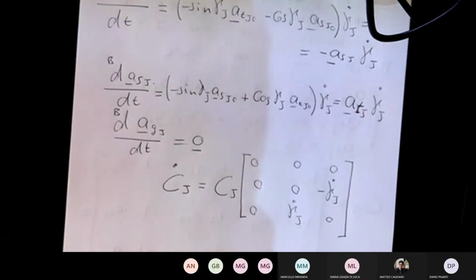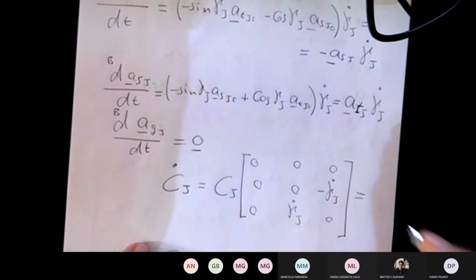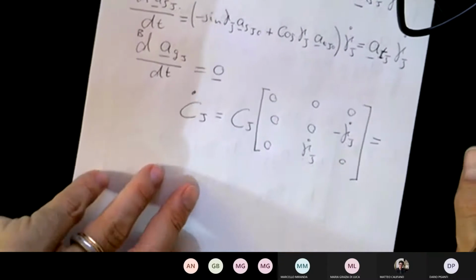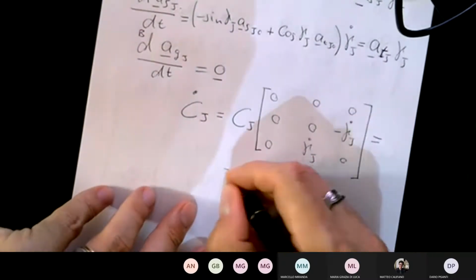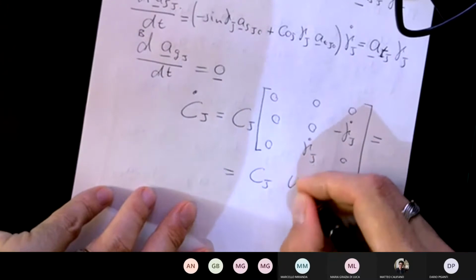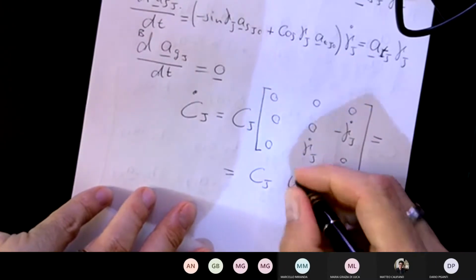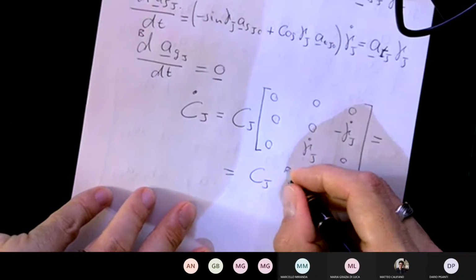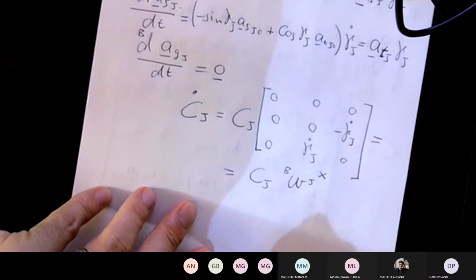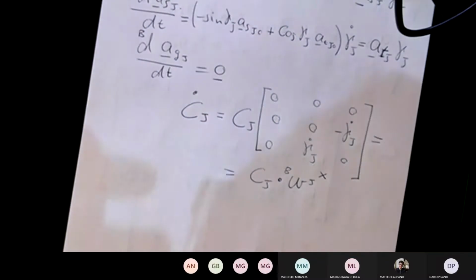Another way to write this can be that it's equal to CJ omega J with respect to body skew symmetric matrix. Okay, because that's really what it is.